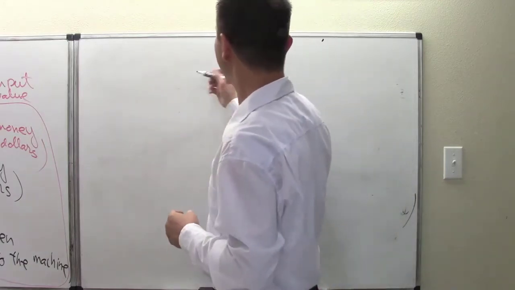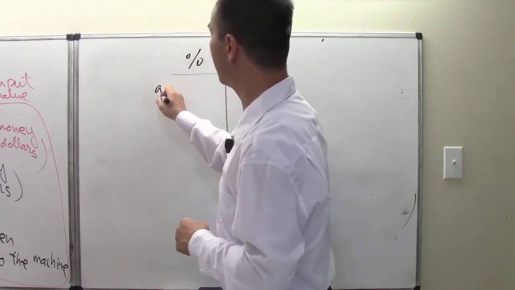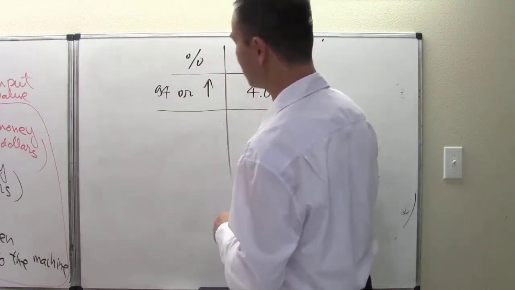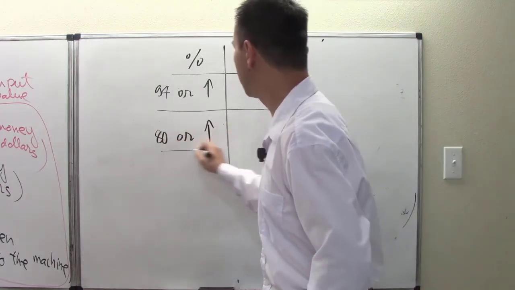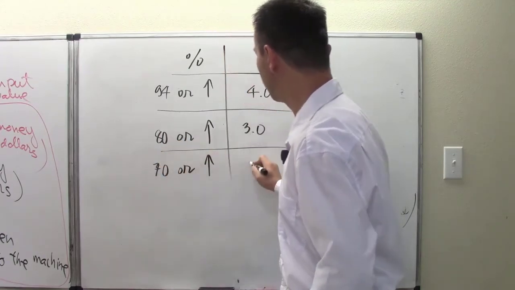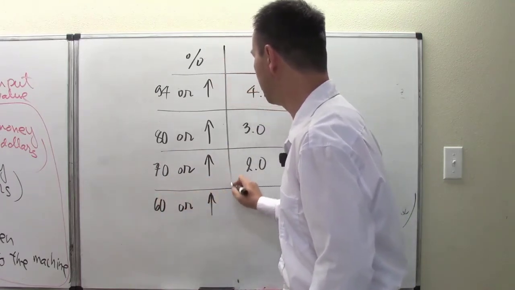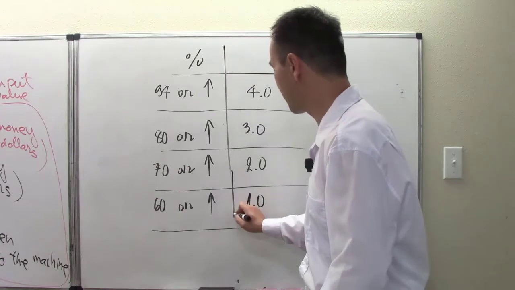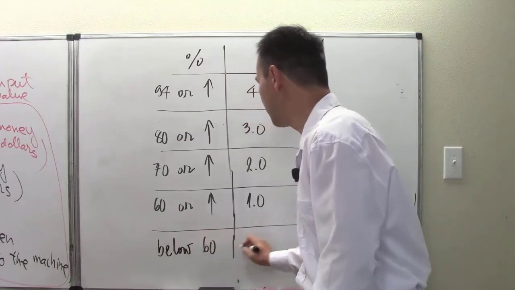For the GPA scale, the final overall percentage of 94 or above is a 4.0. 80 or above is a 3.0. 70 or above is a 2.0. 60 or above is a 1.0, and anywhere below 60 is a 0.0.